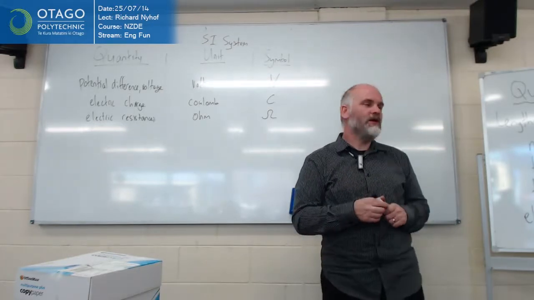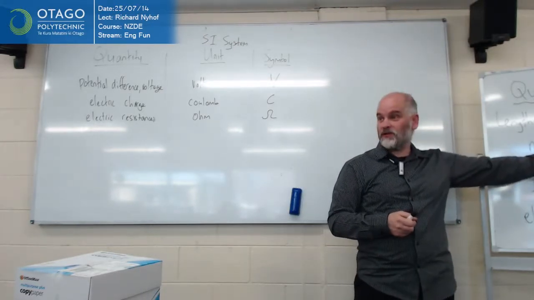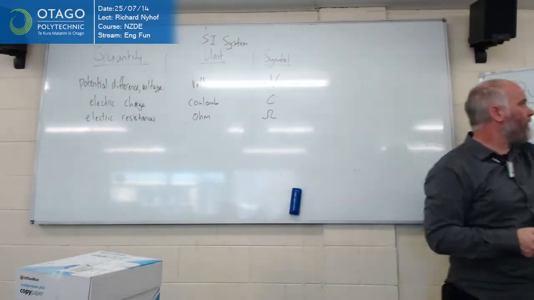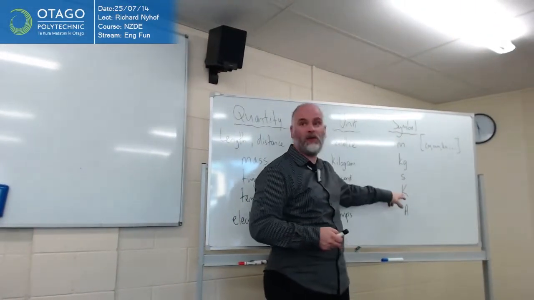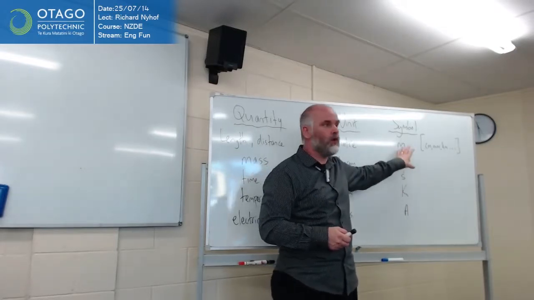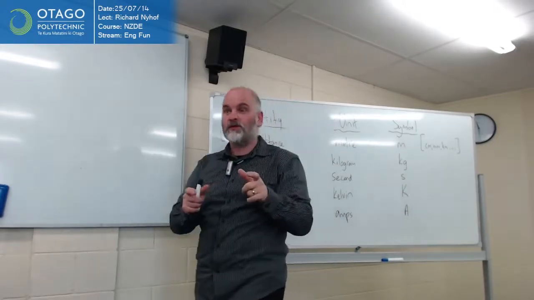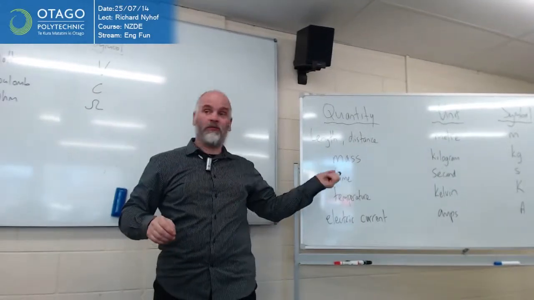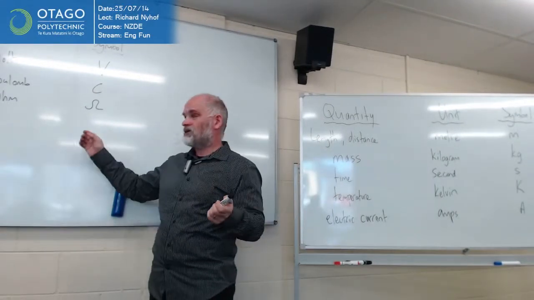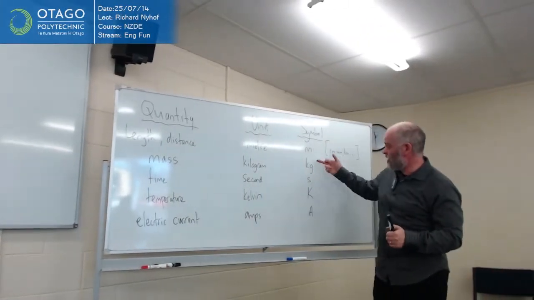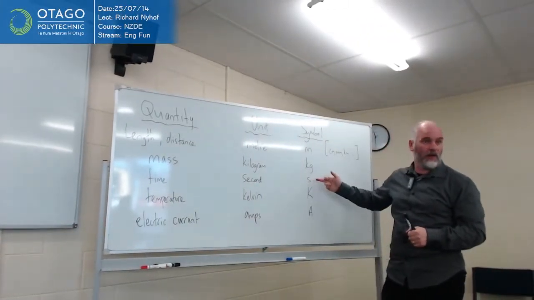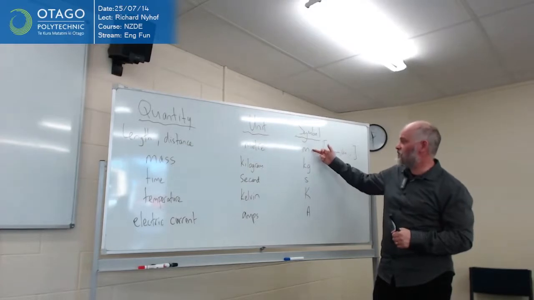Yeah, okay. So these ones are what are called the base units. So they're just one thing. These are all things that are defined themselves, and these ones over here you build up from those ones. So we had speed being meters per second. We had force being kilograms meter per second squared.